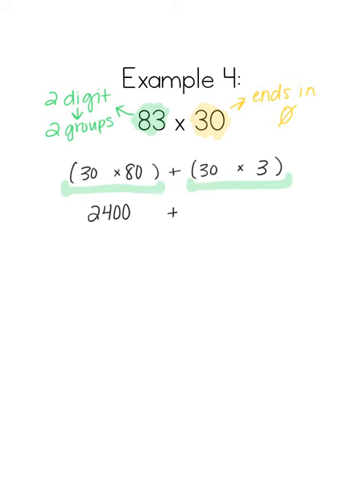And I know that 30 times 3 will give me 90 because 3 times 3 is 9 and there's 1 zero. When I add these together, I get 2,490 as my final product. Remember that 2,400 and 90 are both considered partial products. When we add them together, we get the total product or the final product.